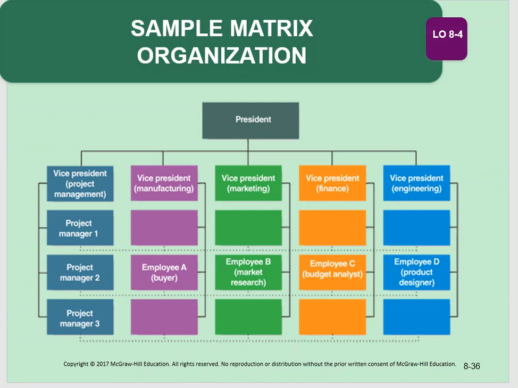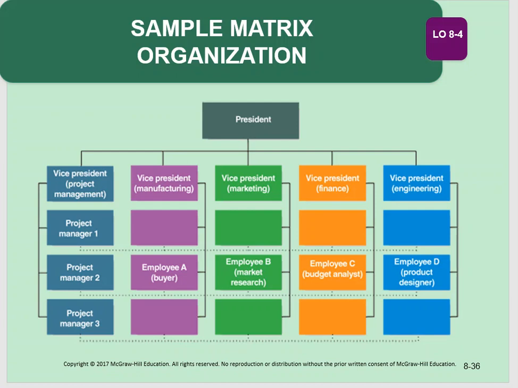Notice in purple, we have employee A, who's a buyer. And if you look at the sample matrix organization, employee A in purple has a line authority to the vice president of manufacturing, denoted by the solid line.